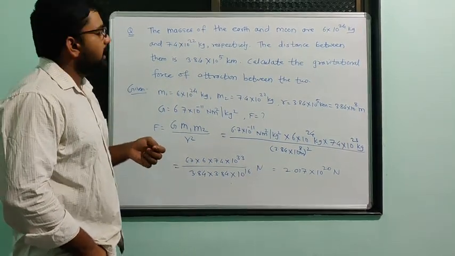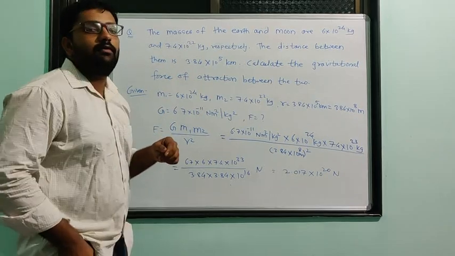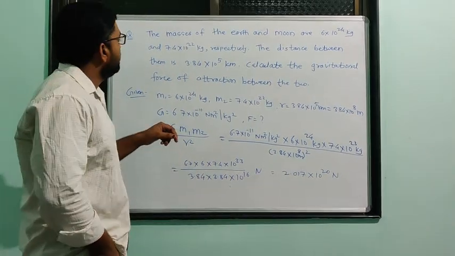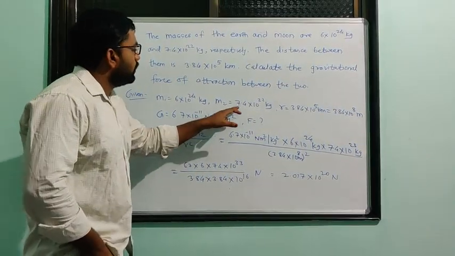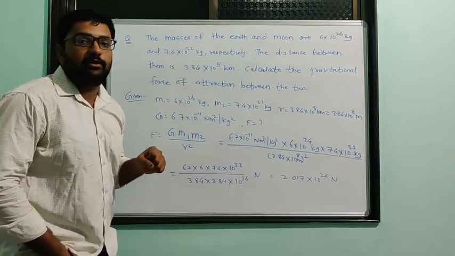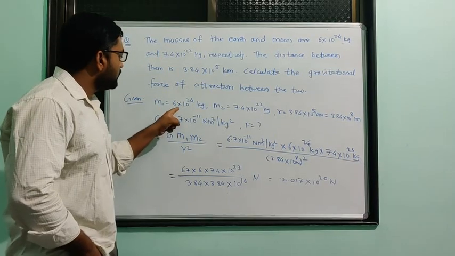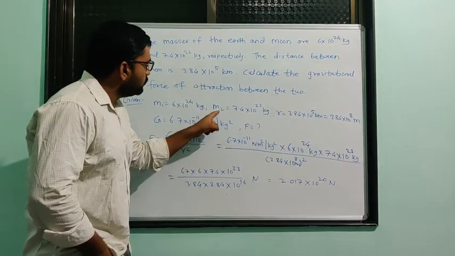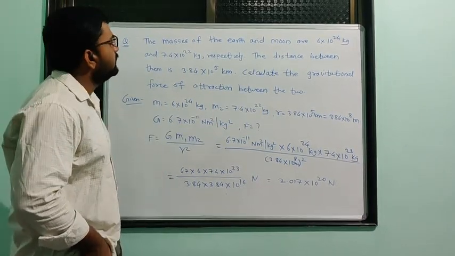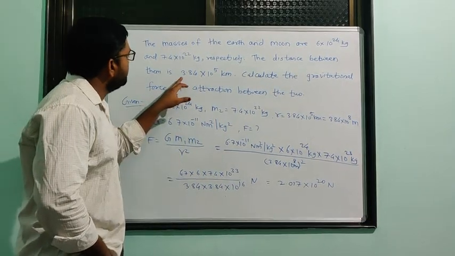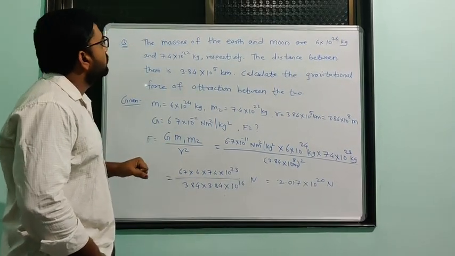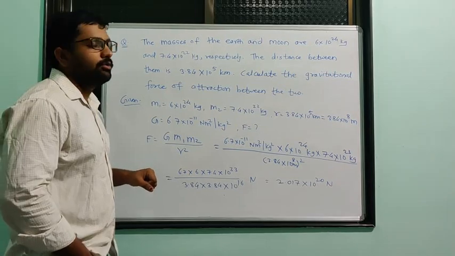Then we can call m2 the mass of moon, and that m2 will be equal to 7.4 into 10 raised to 22 kilogram. Okay, m1 is the mass of earth and m2 is the mass of moon. Then the distance between them is 3.84 into 10 raised to 5 kilometer.